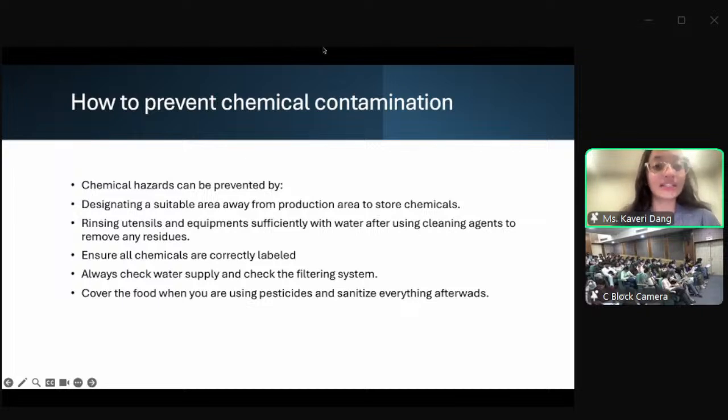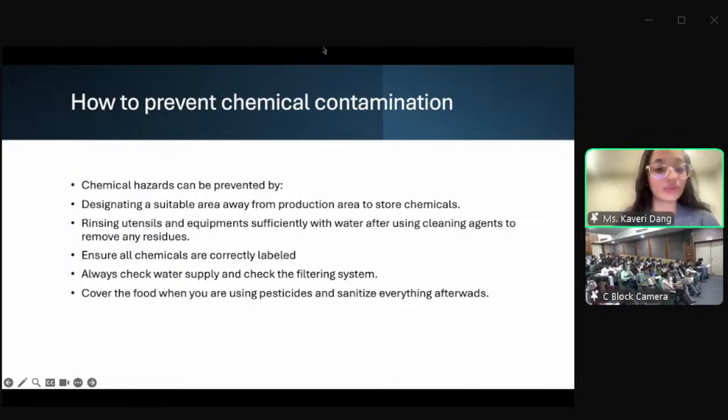Now, this is a really big issue because there are equipments that we just wash with our detergents, with our sanitizers, with our chemicals, and then the residues remain. These can end up in a final product, and that actually is a really big issue, especially here in the US. So we really need to be making sure that we are rinsing off all the residue from our equipments and the utensils.